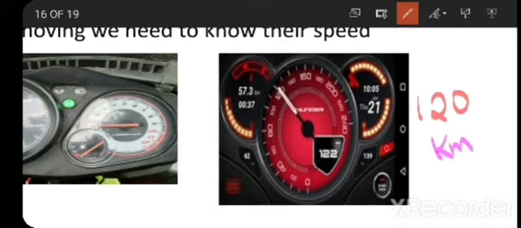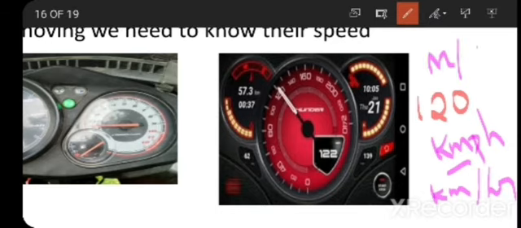Generally, you will observe kmph. Km means kilometer, p means per, h means hour: kilometer per hour. Distance can also be measured in meters.